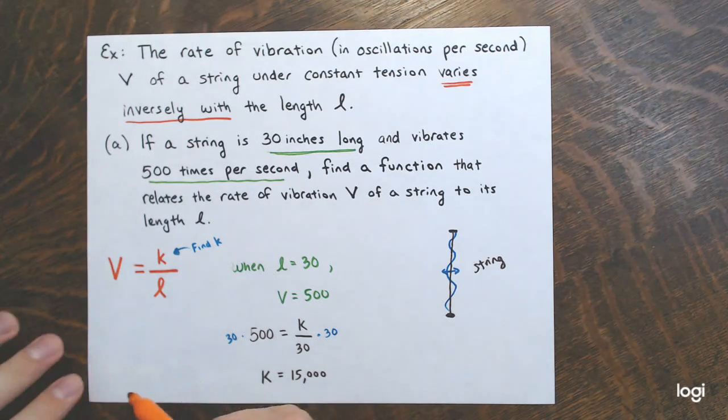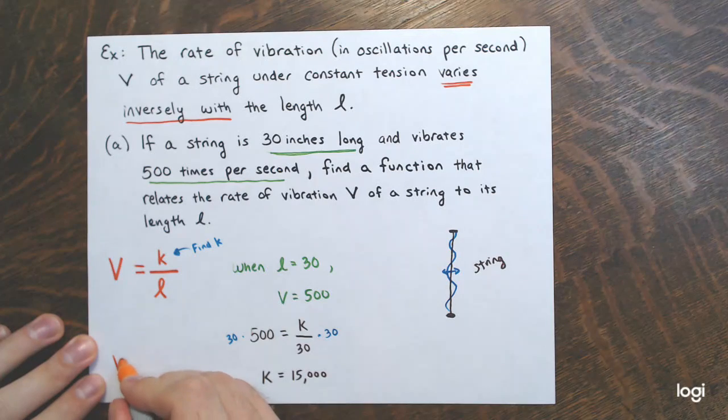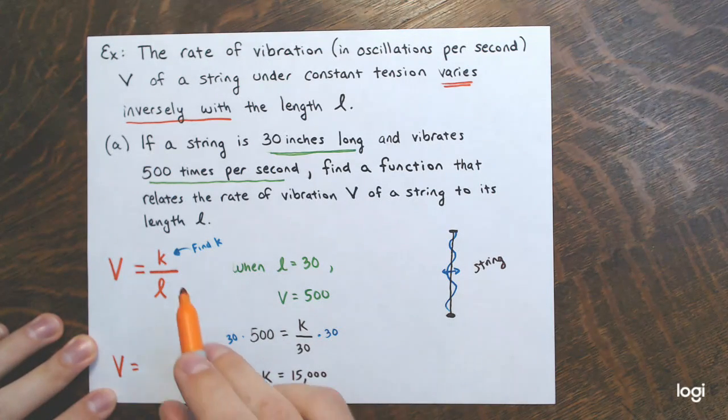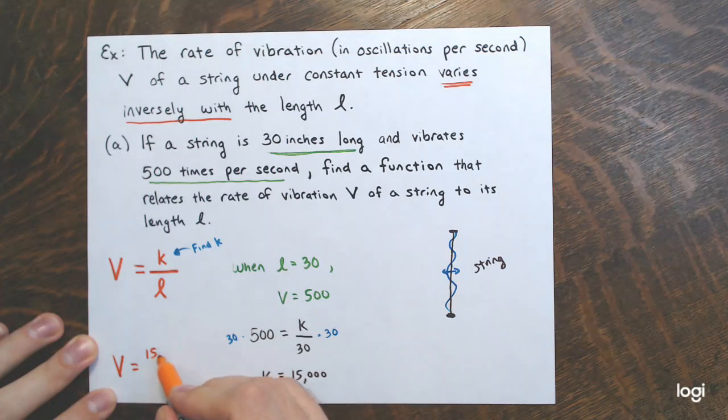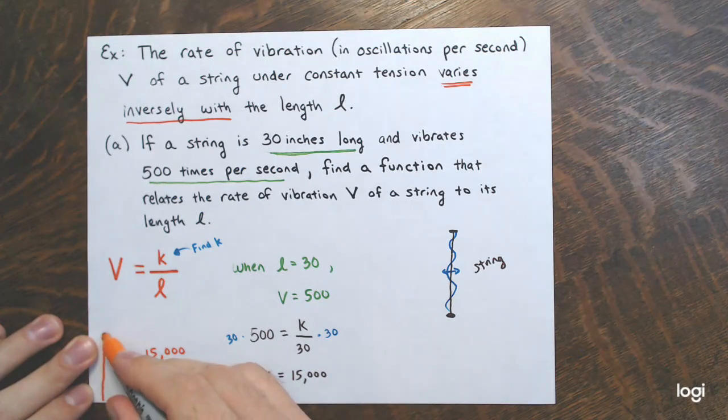Now I can finish the equation. The rate of vibration equals 15,000 in the numerator, that's the k, divided by the length of the string L. I'll put that in a box.